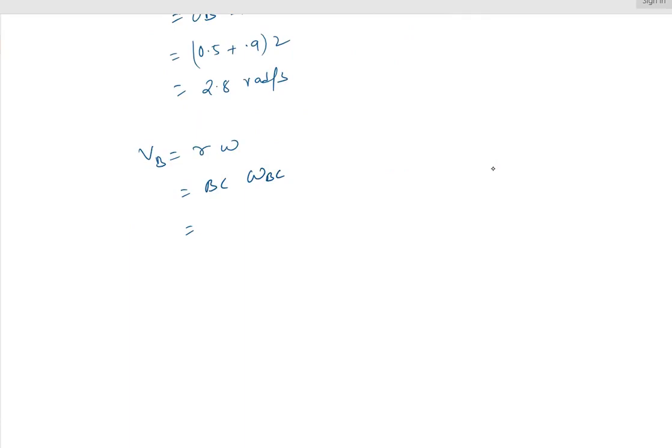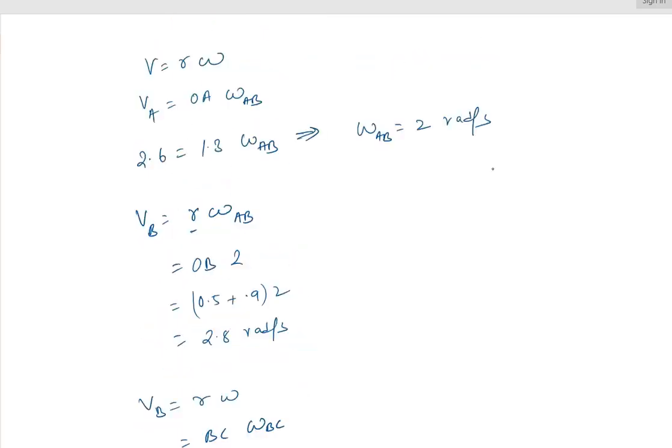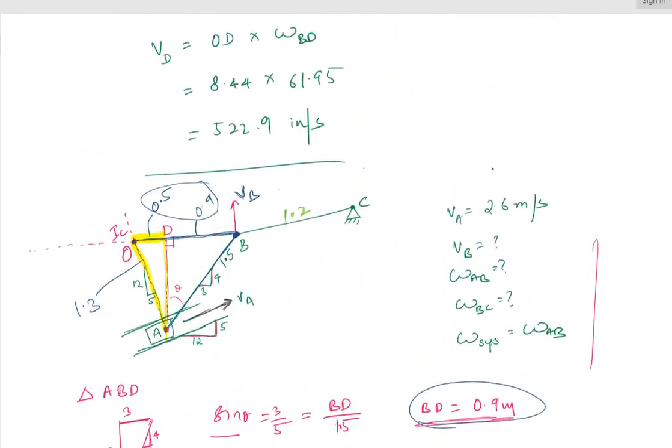VB we already know is 2.8, BC is 1.2, that's given. So omega BC would be 2.8 over 1.2, which is about 2.33 radians per second.